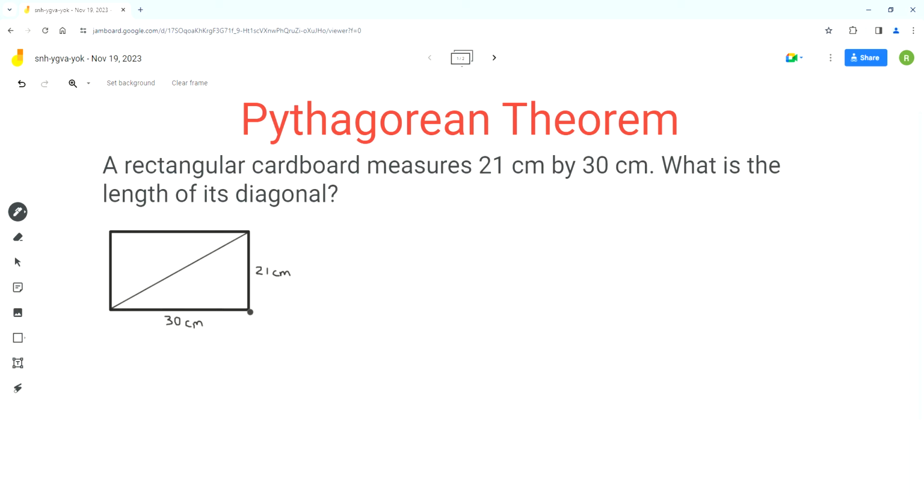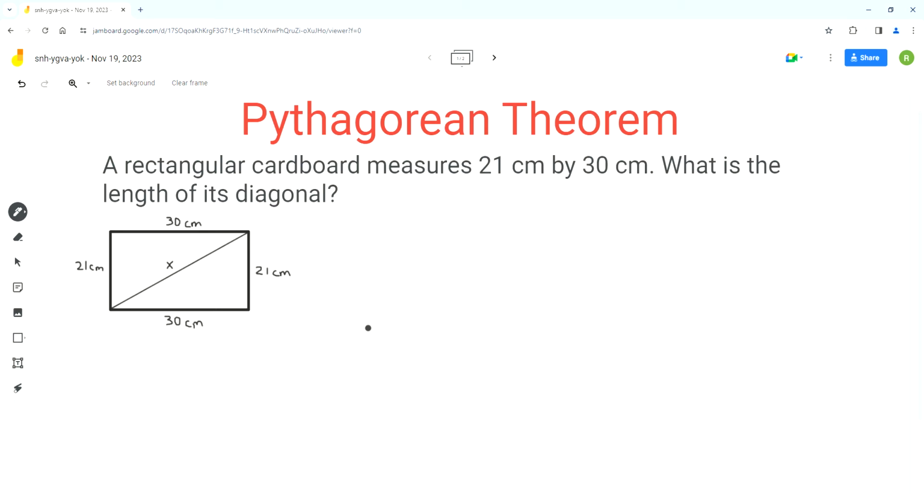From this corner to this corner, we'll get the same answer because in a rectangle, opposite sides have equal length. So this is a very important concept we need to understand and memorize. So we have to find the length of this diagonal and we can label that as x. So we have to solve for x.